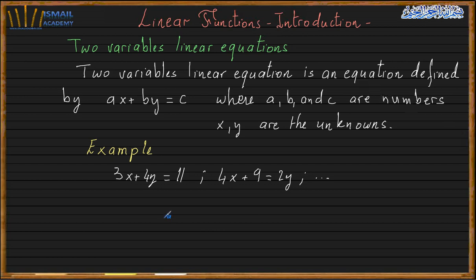The solution of this type of equation is in fact a set of ordered pairs. So we don't have one solution, or two or three, we have infinitely many solutions, and we represent the solution as ordered pairs.